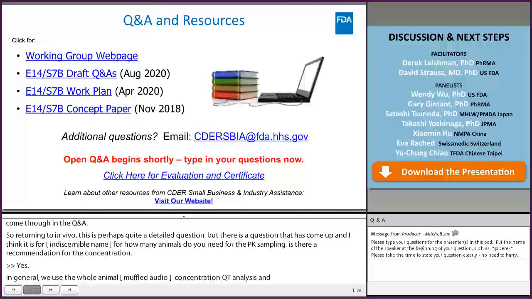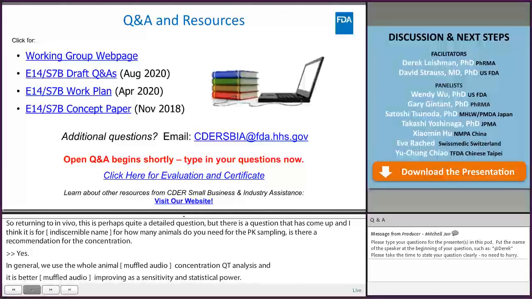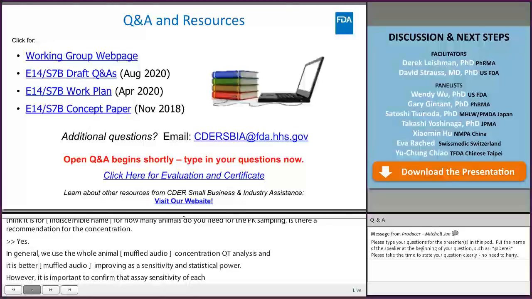However, the important thing is to confirm the assay sensitivity of each facility. So the number of animals, 4 animals or more animals, is preferred for this CV assessment. That's all.